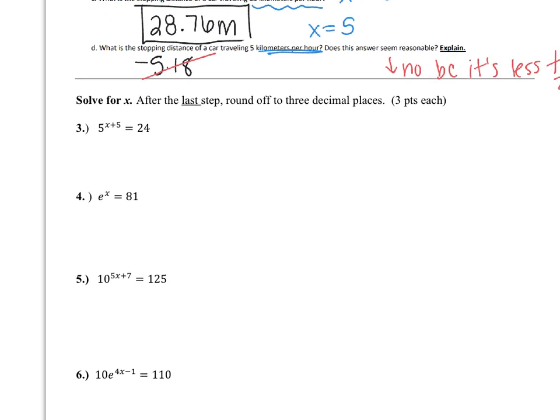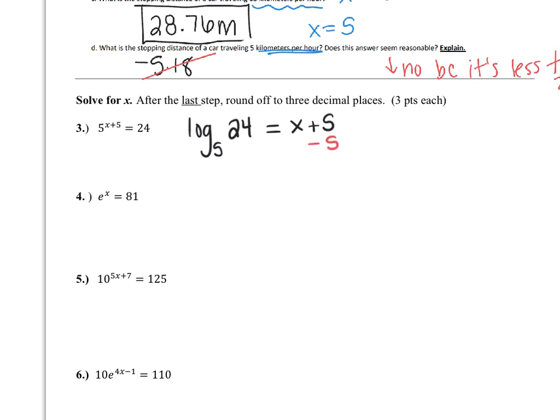All right. We're going to solve for x. This is a calculator portion, so you can actually use the log buttons on your calculator and get exact values. So we are going to rewrite this in log form in order to solve for an exponent that is a variable. So we'll say log base 5 of 24 equals our argument. And then we want to get x by itself because that's what we're solving for.